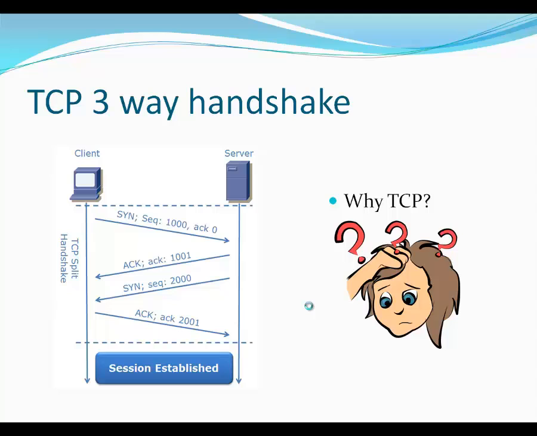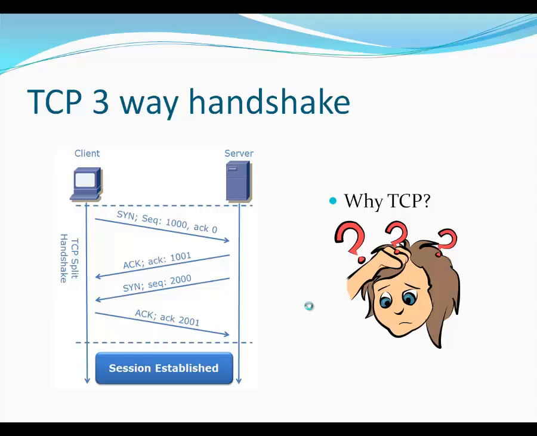Video streaming, right? But if a major chunk of data packets is lost, or if you're trying to download a file and one packet is lost, the file may get corrupted. That's why TCP is chosen over UDP. If you want to read more about TCP and UDP, Google the differences between TCP and UDP. You'll find so many.